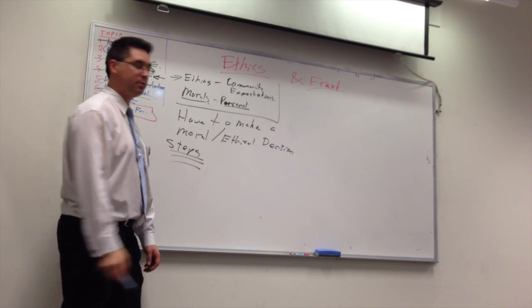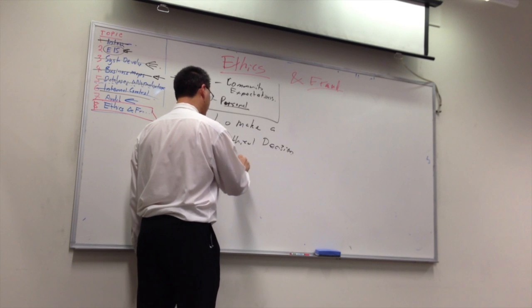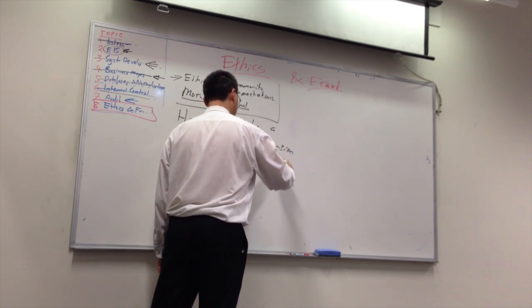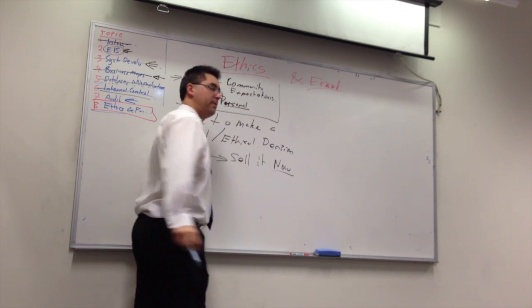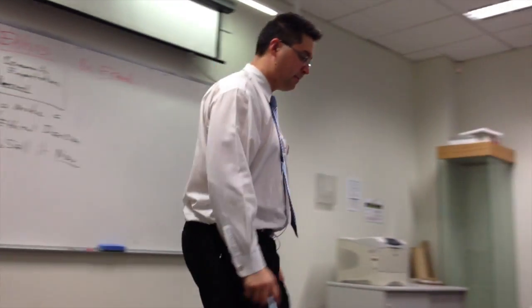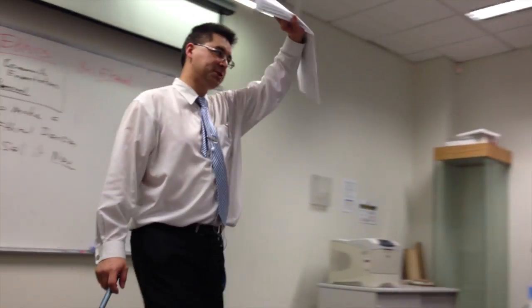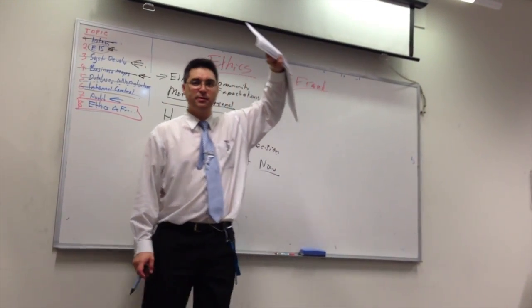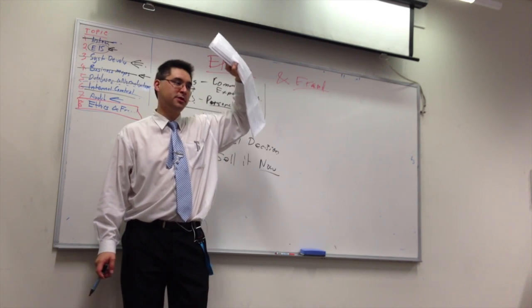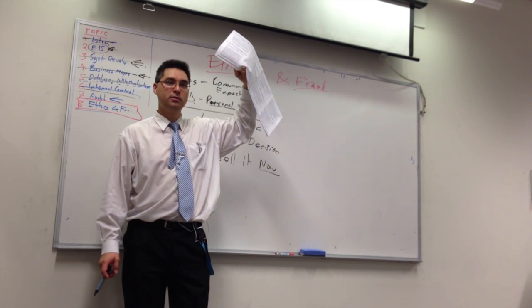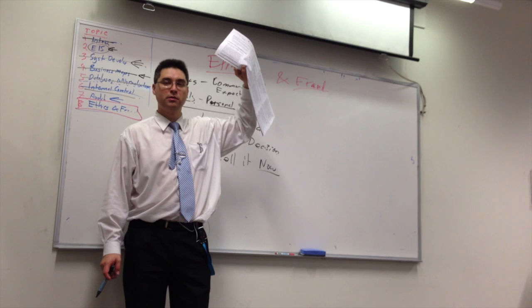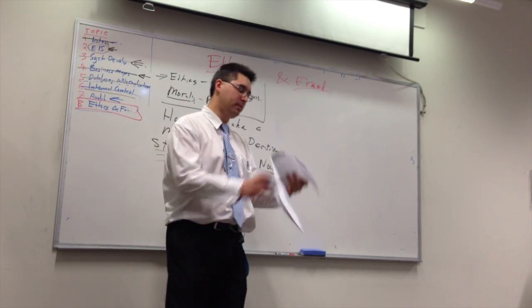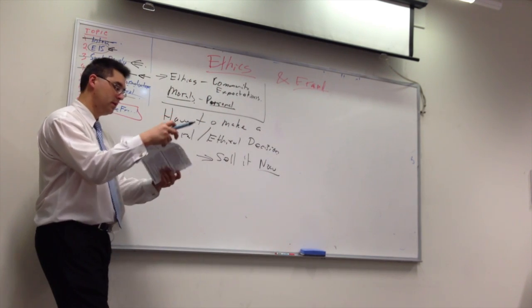And so in the textbook, there is this example of sell it now. And this is in the lecture slides. Do you want me to write this out for you guys, or do you just want to look it up? I'm just going to write it out. I'm sorry, because I've got some yes and some no.